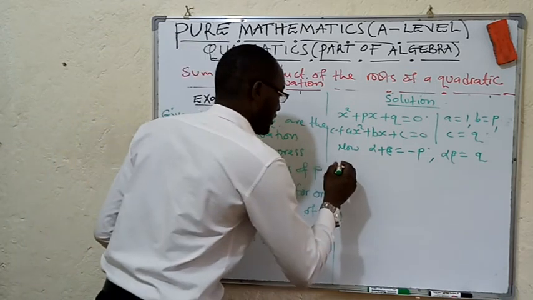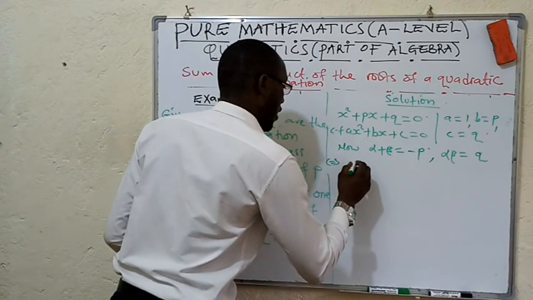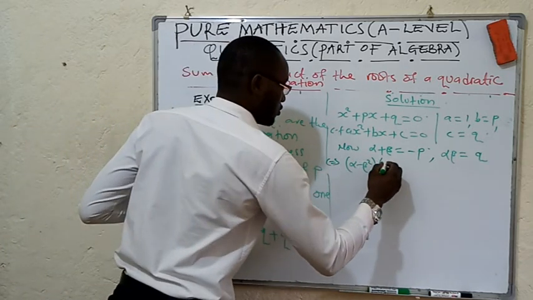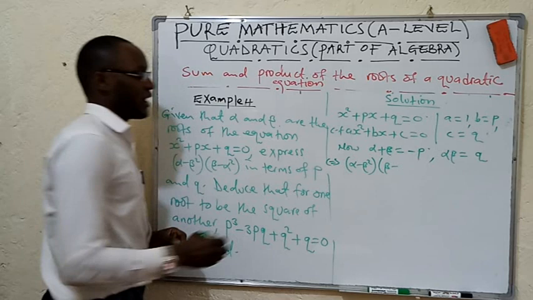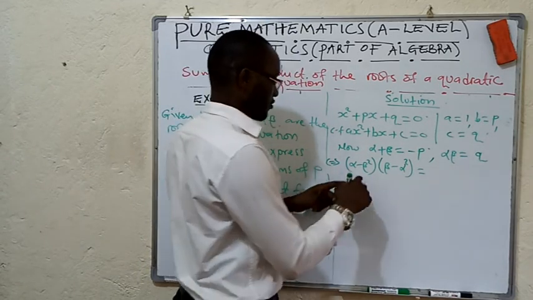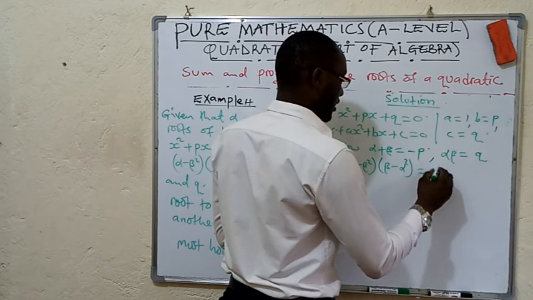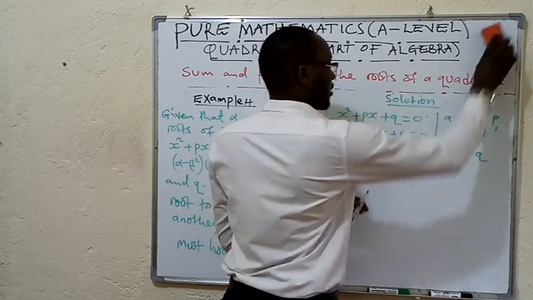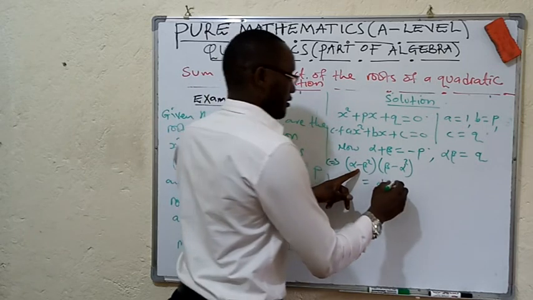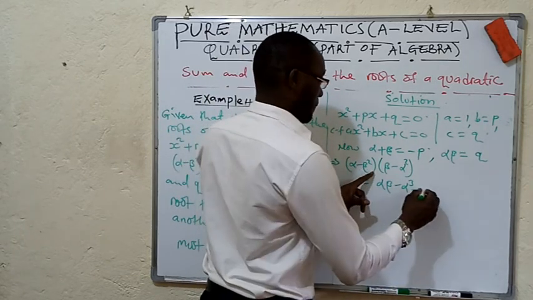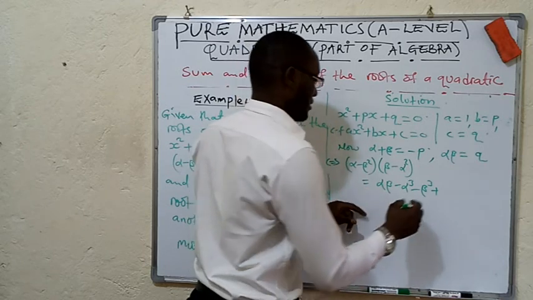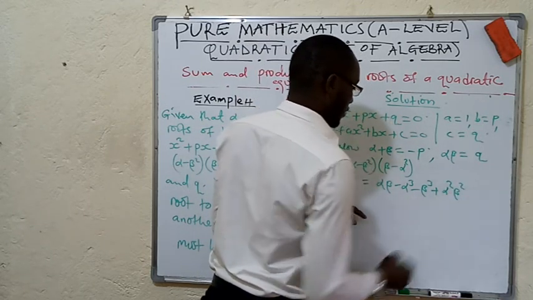So our alpha minus beta squared into beta minus alpha squared, if we expand this, is going to give us alpha beta, then minus alpha cubed, minus beta cubed, and then plus alpha squared beta squared.